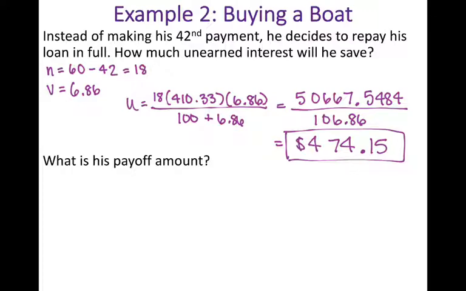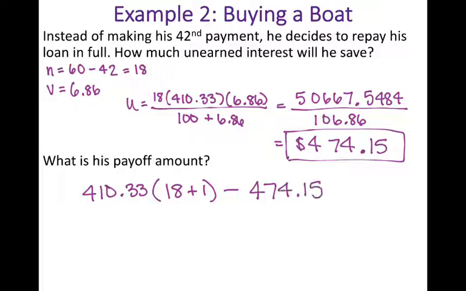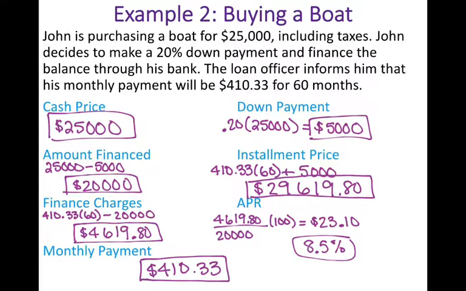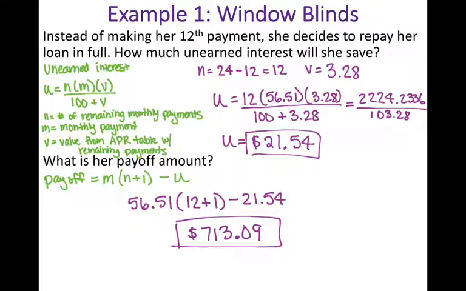So what is his payoff amount? The payoff amount is going to be the monthly payment, which was the $410.33 times N plus 1, so 18 plus 1, minus the interest that he is saving, so $474.15. And if you need the formula for the payoff amount, it is on this previous slide in green. So hopefully you wrote it down as you were watching this video.